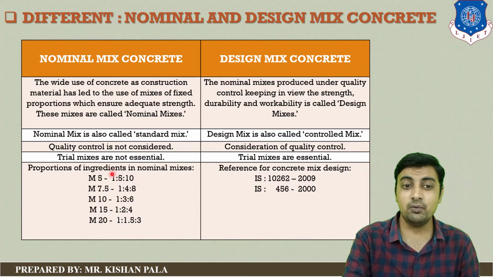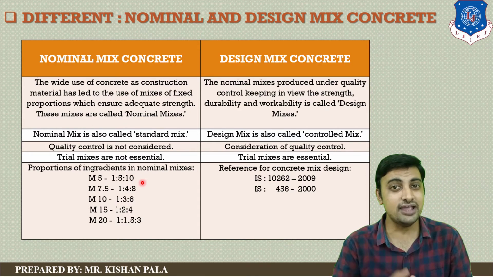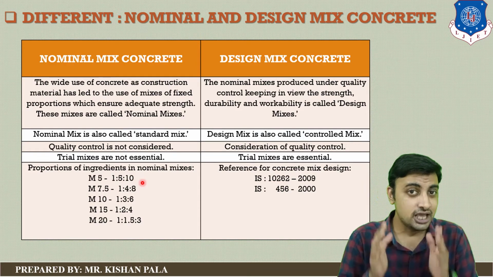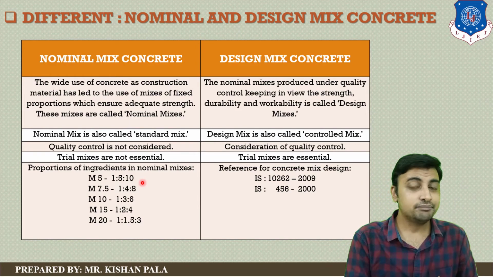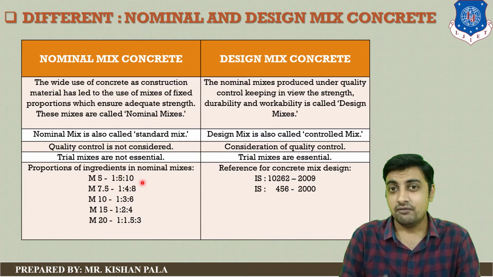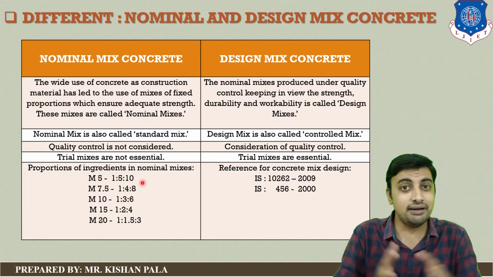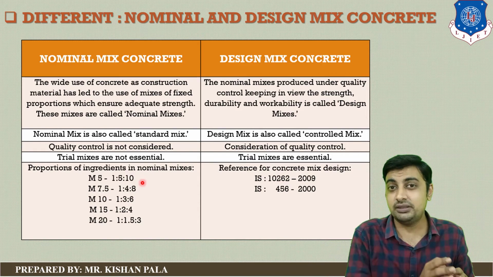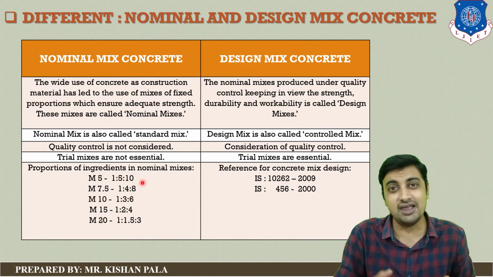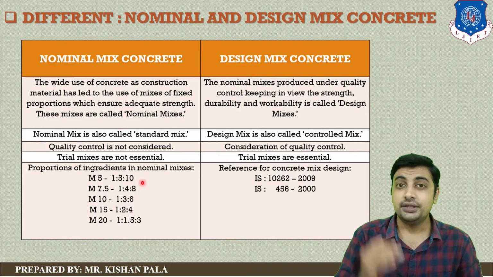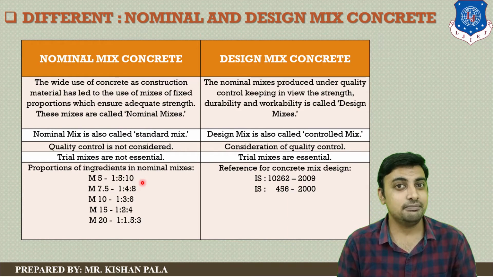It means if you require the M5 grade of concrete, in that case you can use 1 part for the cement, 5 parts for the fine aggregate and 10 parts for the coarse aggregate. You can mix concrete with the proportion of 1 : 5 : 10 for achieving the M5 grade of the concrete mass.